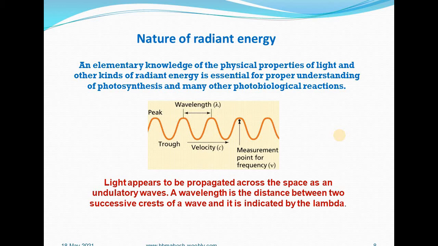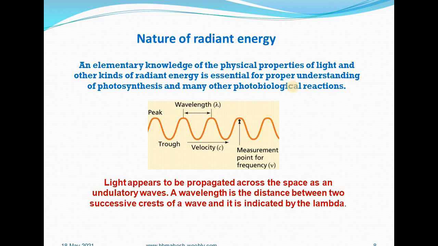Next, nature of radiant energy. See, an elementary knowledge of the physical properties of light and other kinds of radiations is very essential for proper understanding of photosynthesis and many other photobiological reactions. See, the light appears to be propagated across space as undulatory waves.